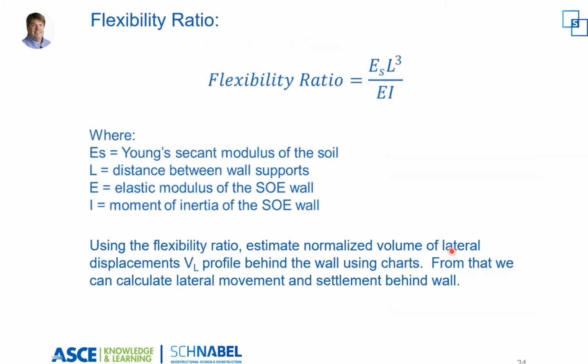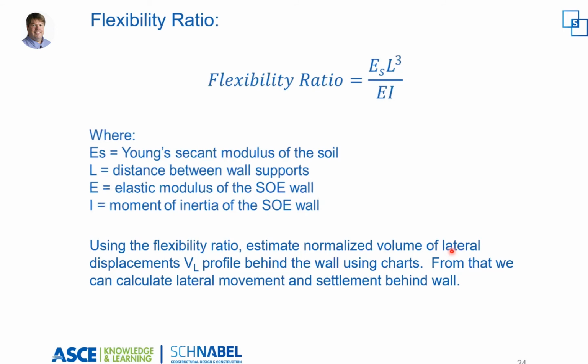So the technique that we used on this project was, first we calculated what's known as the flexibility ratio, and I'm going to cite all the papers where we got all these techniques. So I'm not going to go through a detailed analysis of how we did this. I think the best thing is to read all the papers and sort of figure it out.